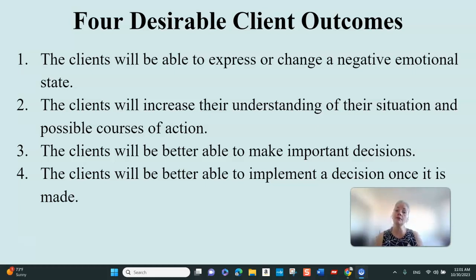Is it healthy for me to stay in those periods of depression or those periods of sadness or those periods of fear or hopelessness? Absolutely not. So we definitely want to help clients identify those states, label, recognize, express them, and then ideally change them.